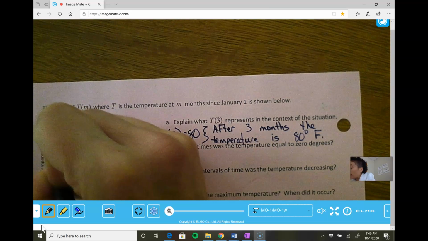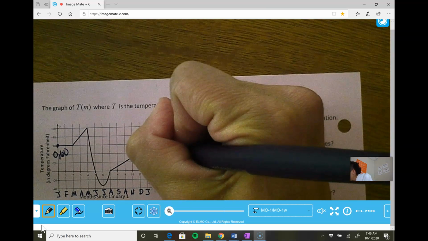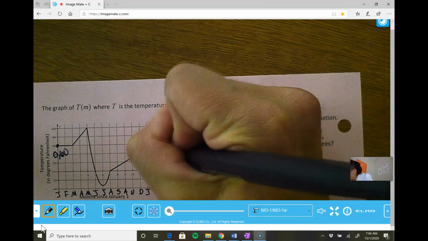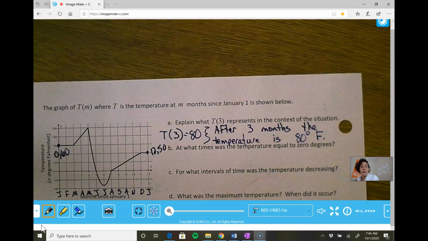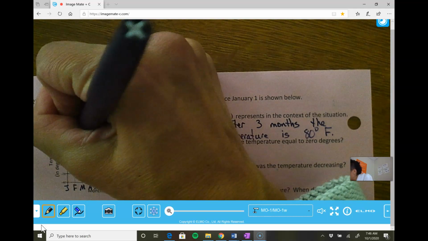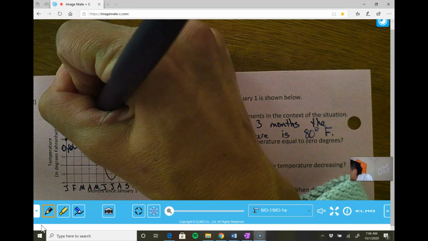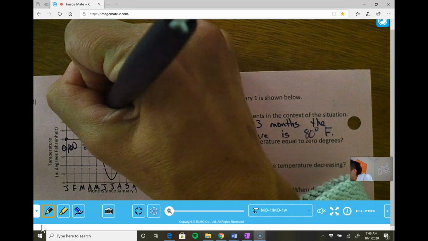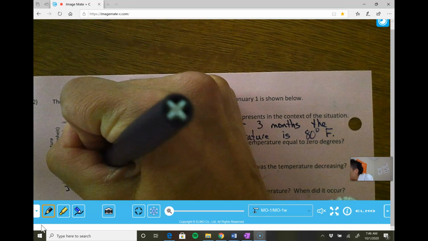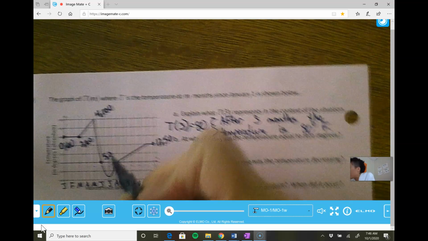So I need to go with where it starts. Sorry, 0, 60. Where it ends, and so that's going to be 12 and 50. And anytime it turns and any x-intercept. So it turns here, and that's going to be 2 and 60. And then up here, it's going to be at 4, 100. Here's an x-intercept, so we want 5 and 0. And again, you can pause and get these.